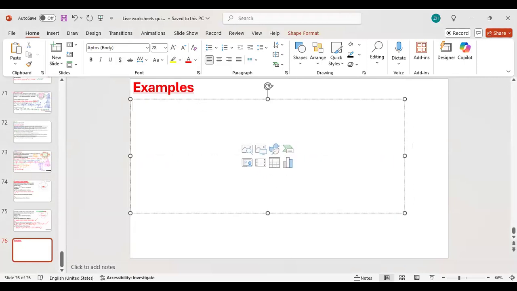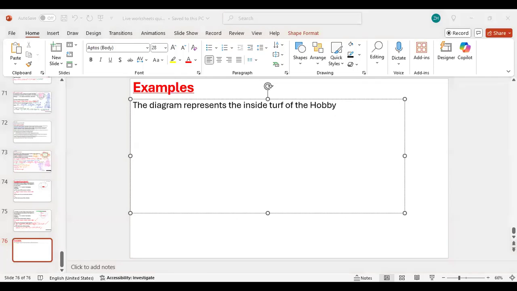So we have, the diagram represents the inside turf of the hobby horse race track.